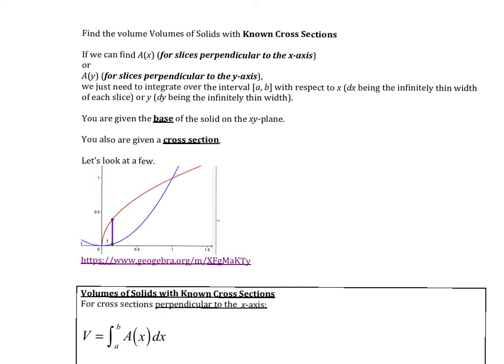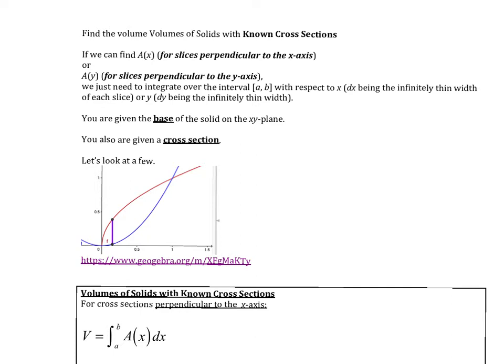Okay, so I want you to picture that. The shape that's going to be our base is going to be the shape on the XY plane. So however it's defined. Typically, we're going to define it with equations, and we're going to look at an example here in just a second. That's going to be our base.